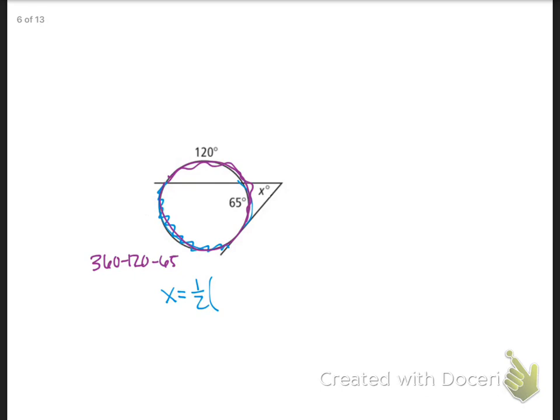So to find my big arc, I do 360 minus the parts I don't want, so 120 and 65, so this is 175. So I do my big arc now minus my little arc, and I get x to equal 55. So sometimes you're going to have to find one of your arcs. That's what makes it tricky.